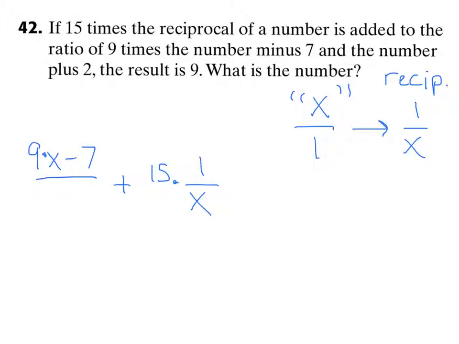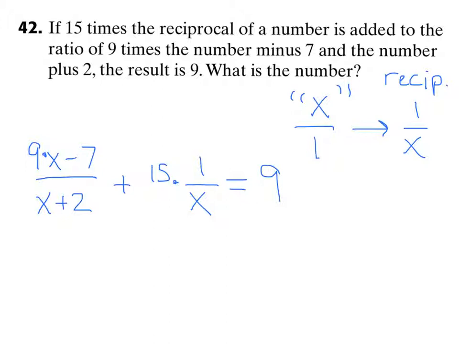And, because it's the top and the bottom, and the number plus 2. The number plus 2. And then that whole thing we hope is equal to something, otherwise we don't have an equation, and it says the result is 9. So that's when we say the result of all that is 9.